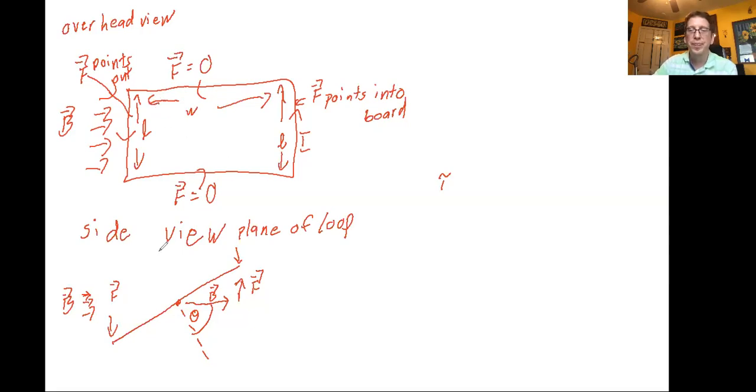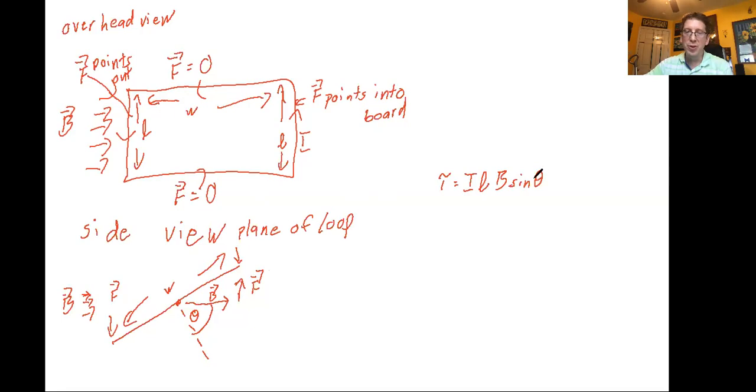And so what you have then is that the torque is equal to the force, which is I times L times B. And so we have the width W like this. And that's times the sine of theta.